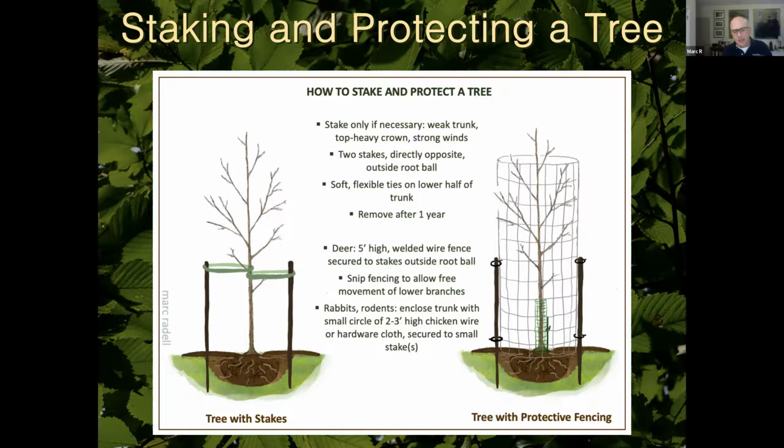But part of the reason I'm not a huge fan is, for one thing, you can't see what's happening. So if you're there, it's hard to monitor the tree, or anything that could be happening to the trunk. But also trees need these lower branches. The tube does provide them some protection, but the reason that we're saying not to prune them off is that they do shade the lower part of the tree.